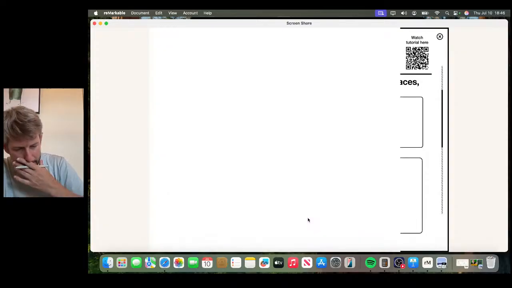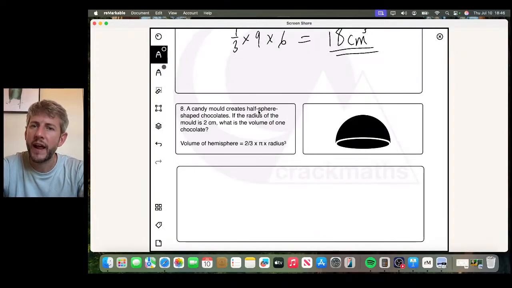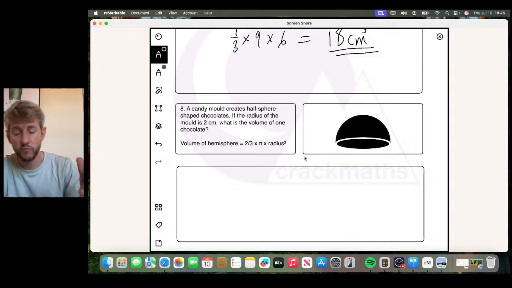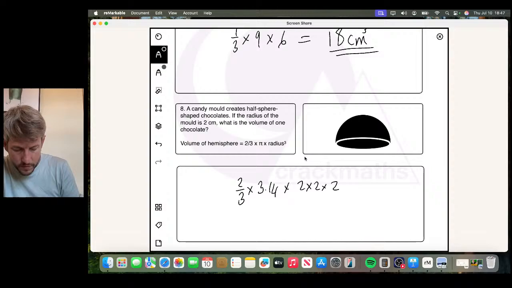Next one here. A candy mold creates half sphere shaped chocolate. If the radius of the mold is 2 centimeters, what is the volume of one chocolate? So the volume of a hemisphere is 2/3 times pi times radius cubed. So that's 2 over 3 times 3.14 times 2 times 2 times 2.